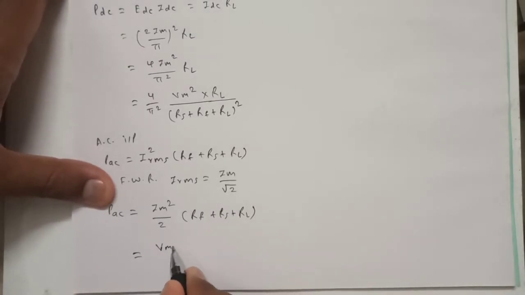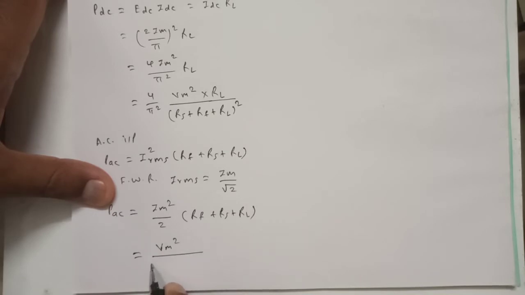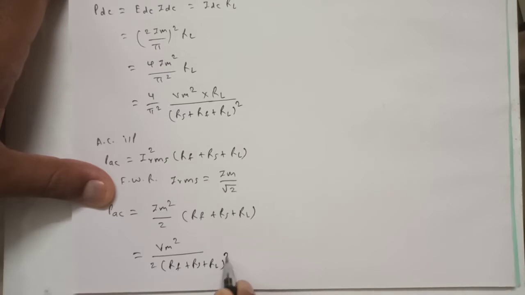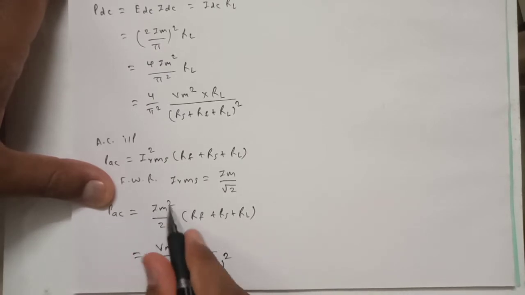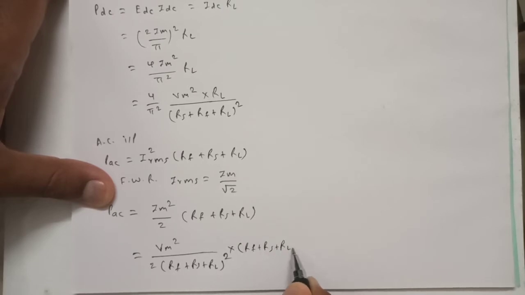We have Vm square divided by 2, and the Im equation still remains, so it is Rf plus Rs plus RL whole squared, and this is multiplied with Rf plus Rs plus RL.